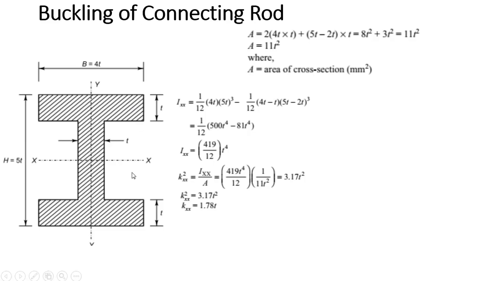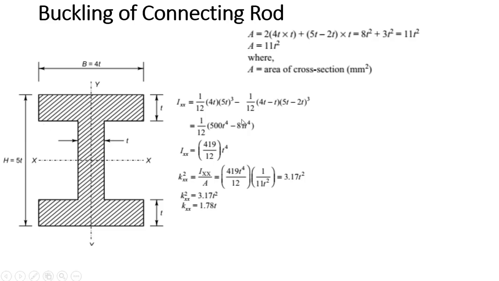So for IXX and this complete body, it is 1 by 12, with b equal to 40t and h cube as 5t cube, that is 40t into (5t) cube by 12, minus these two small areas.